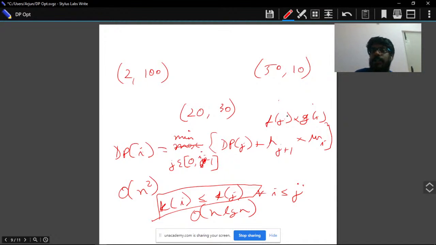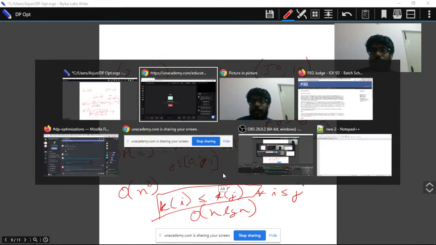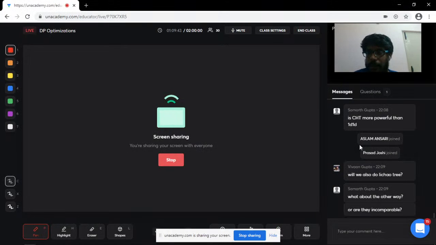But the cost function, breaking it down into f of j into g of I, doesn't always happen, right? If this happens, then yes, you can always use CHT, and write it as mx plus c. But if this doesn't happen, then you can't use CHT. But then the 1D condition, the quadrangle inequality might still hold true, in which case you can still use 1D. I hope that makes sense.